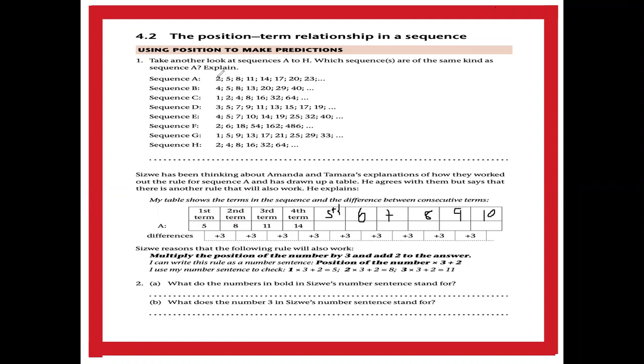Looks like they left out the 2, but anyway, starting from 5, we have 5, 8, 11, 14, etc. And the differences here are we adding 3 each time. So we get 17, we get 20, we get 23, we get 26, we get 29, and we get 32.